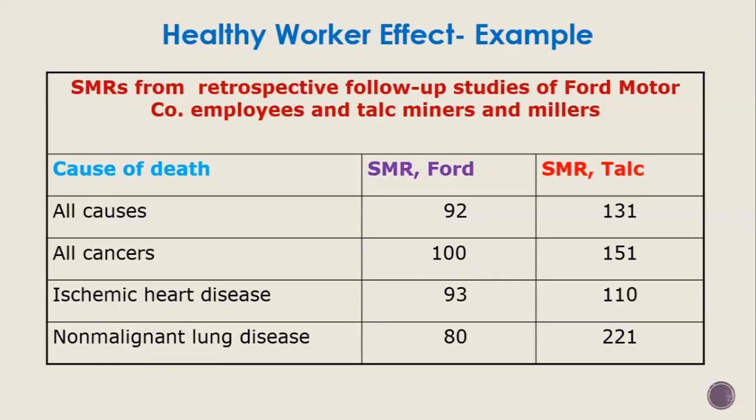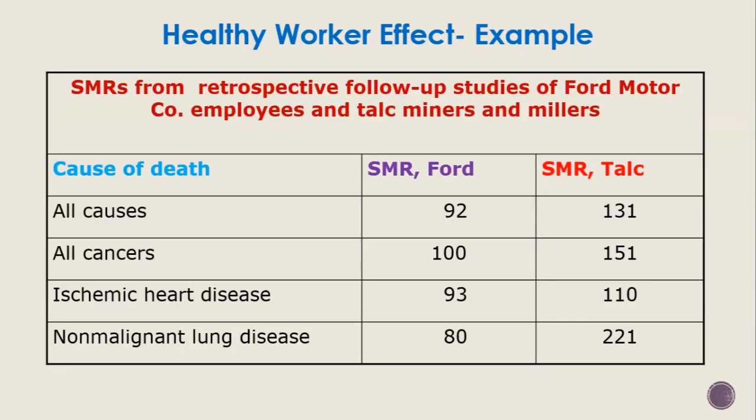No answer? Ford, sir. Ford is safer. Exactly. Because if you look at all causes of death, at Ford the mortality among workers is 8% less than the general population, whereas at talc it is 31% greater in the workers.